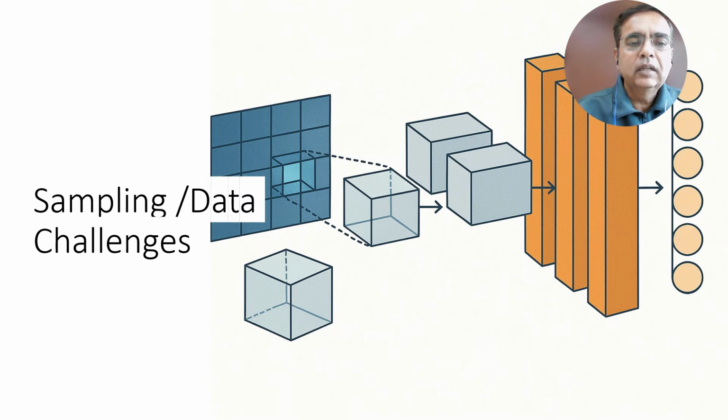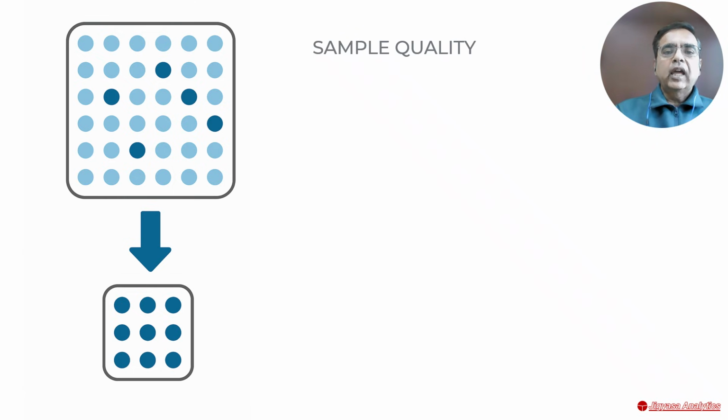Let us begin by talking about sampling and data challenges. An organization typically has information on performance only on the loans it has approved and funded.